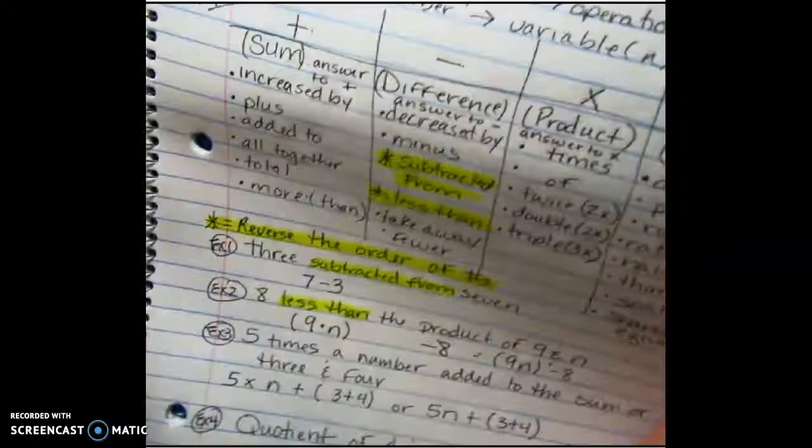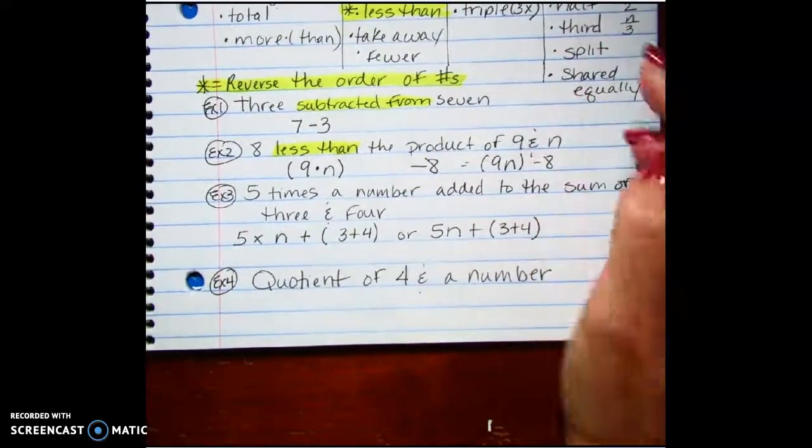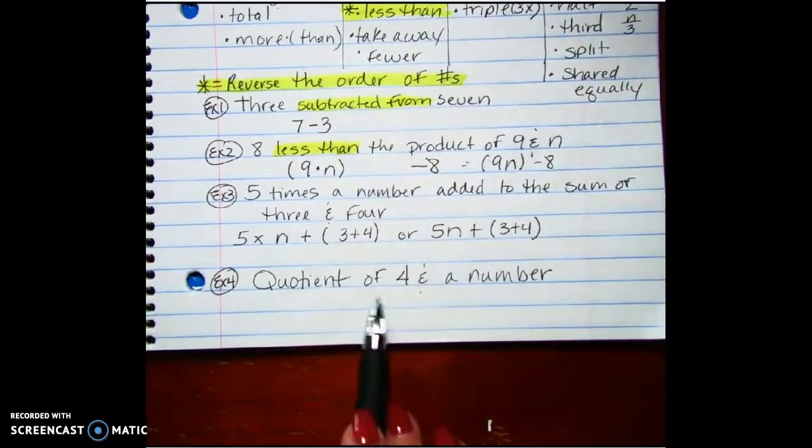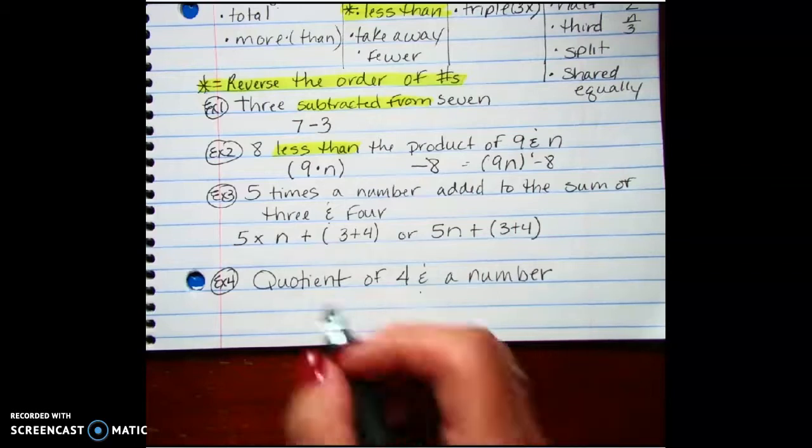Next, I have quotient. So when I look at quotient, I go over here. It's the answer to, and it's just a 4 and a number. Now, this is where of does not mean to multiply. Of means to multiply when we're taking a percent of something or something similar like that. For this, we're looking for the quotient of 4 and a number.